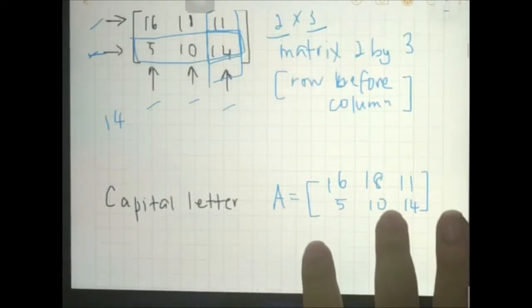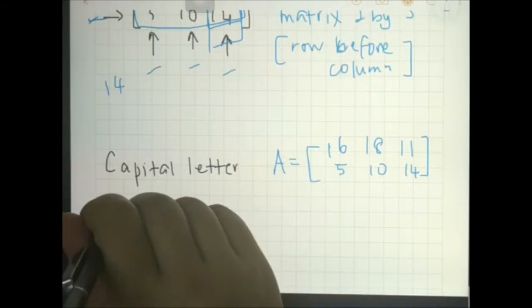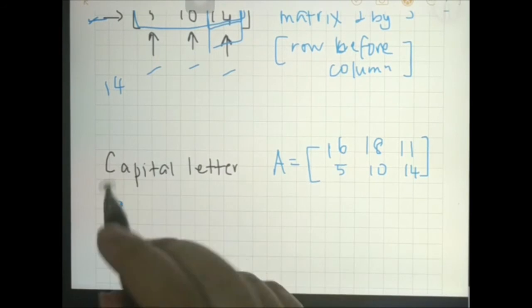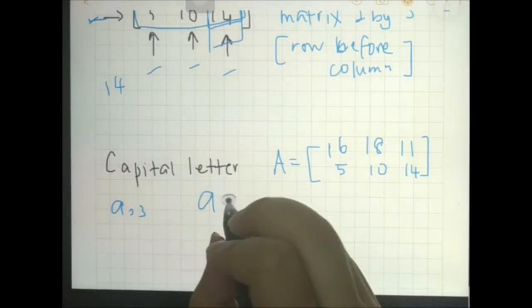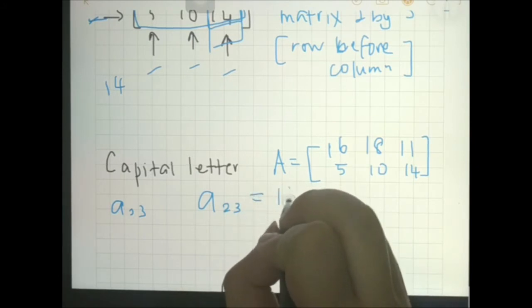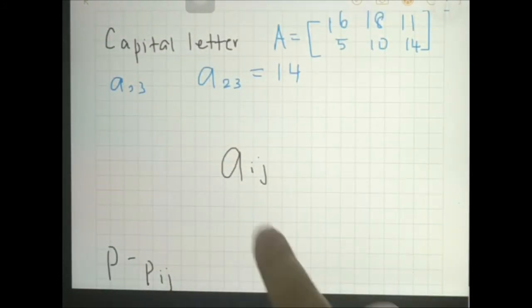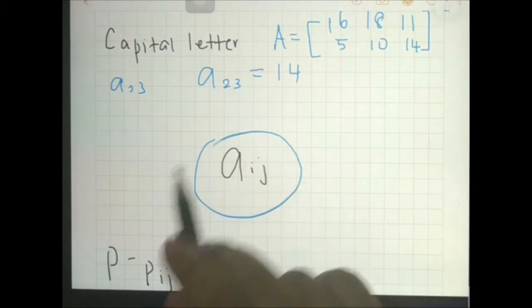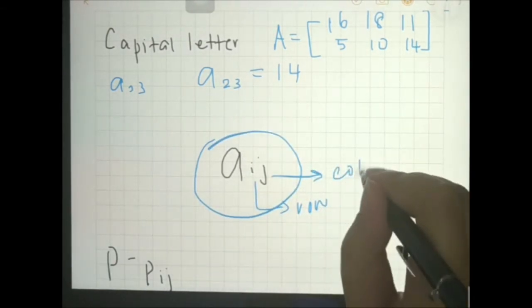So the element just now, the one at the second row and third column, we can represent it as a 2 3, because the matrix is A. So the element at a 2 3 is 14. In general, the element at the ith row and jth column in matrix A can be represented as a i j. I represents row and J represents column.